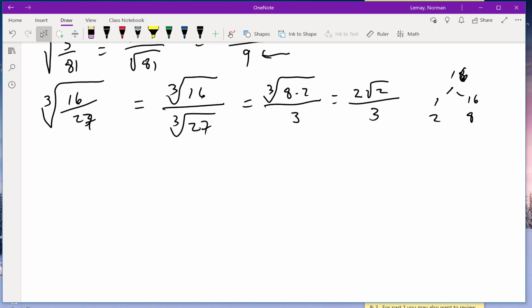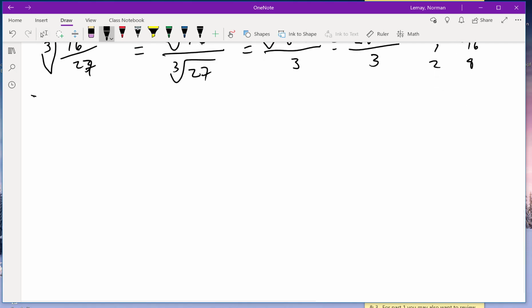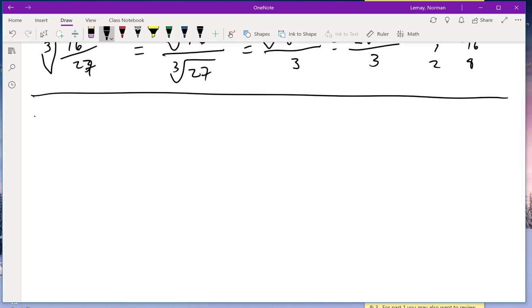All right, so let's take a look at negative square root of 27 a b cubed. Again, the idea now is to see if we can't pick this apart. So the question is, can I rewrite 27 as a product where I have one of them as a number I can take the square root of?